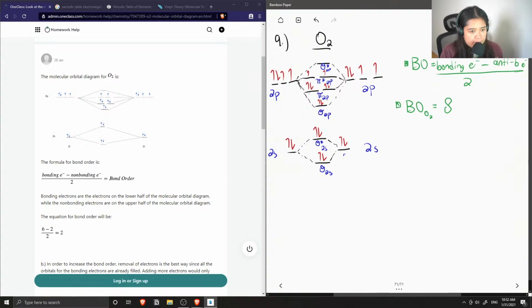So we have 8 bonding electrons minus, and 1, 2, 3, 4, so we have 4 anti-bonding electrons. So 8 minus 4 divided by 2 gives us a bond order of 2.